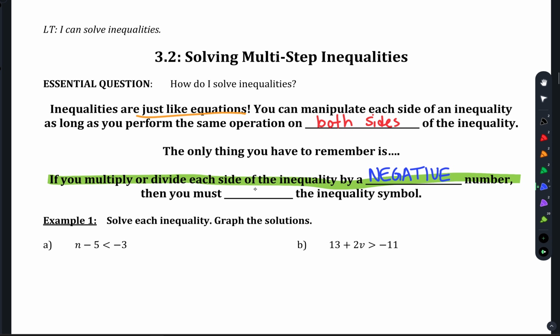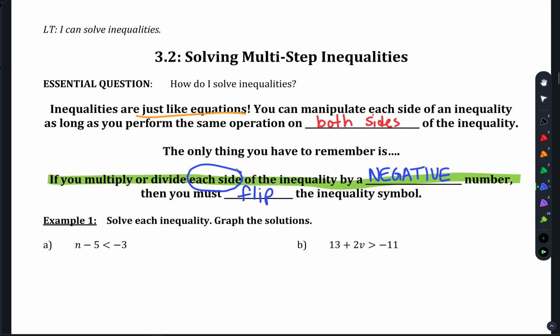And that is that you must flip the inequality symbol to face the other direction. This is only happening if we are dividing by a negative number or multiplying by a negative number on each side of the inequality. So if I'm distributing a negative number on one side, that doesn't count. It has to be done to both sides.